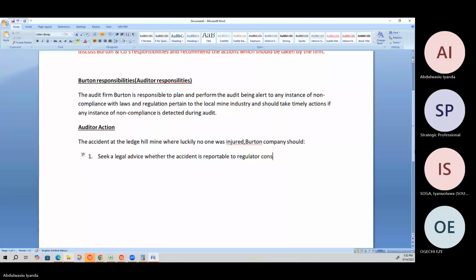Considering they're after health and safety, considering no one was injured. Please, what else can we think of?